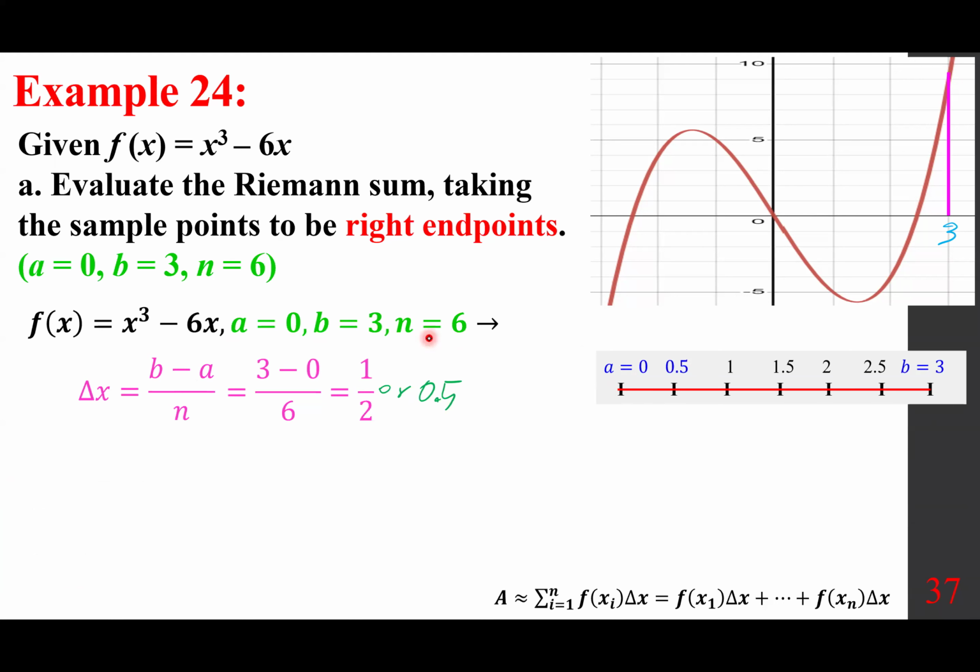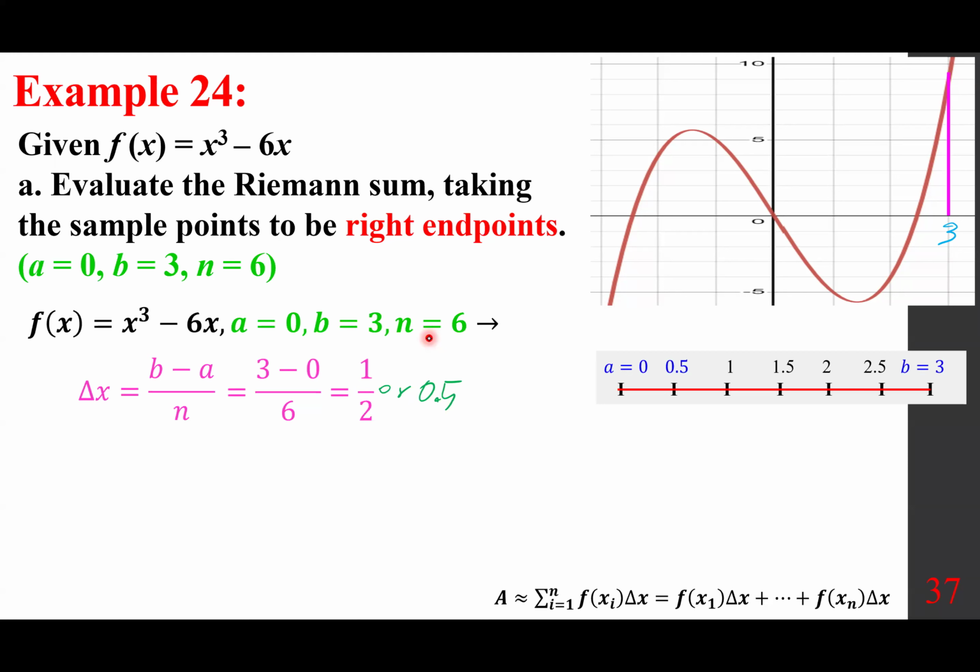In this case, n is 6. So you cut it into 6 pieces, and therefore you're dealing with each sub-interval having a width of 0.5 or 1/2.